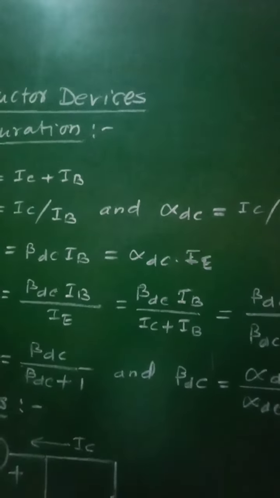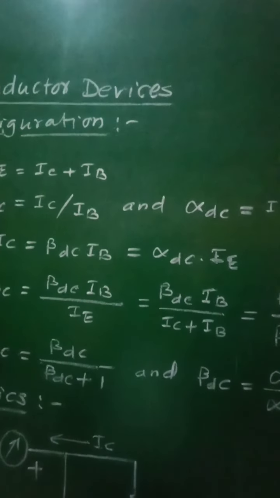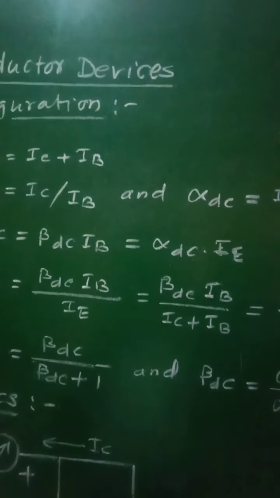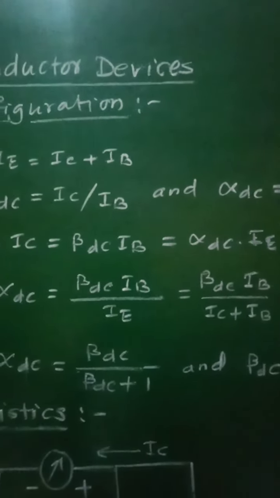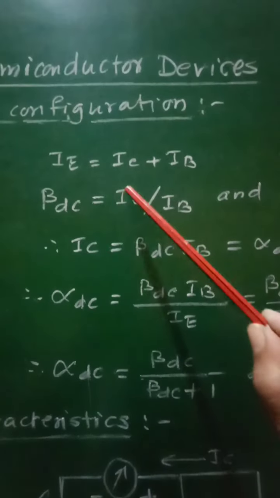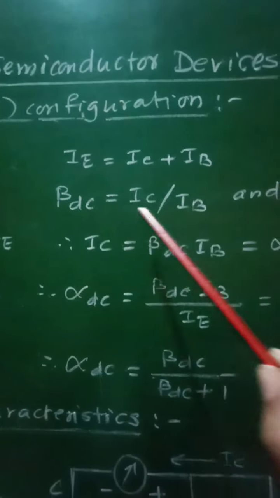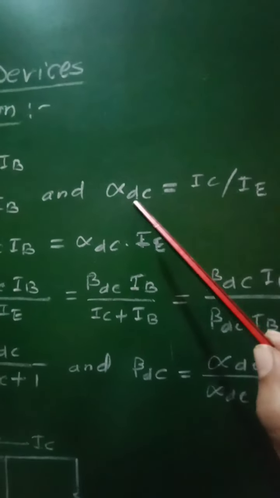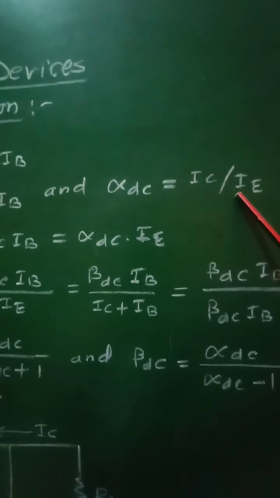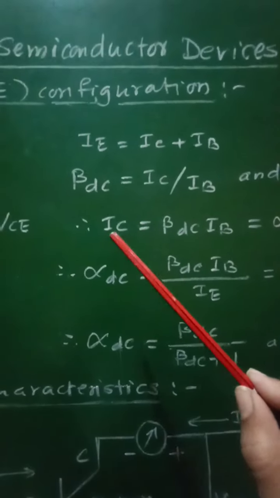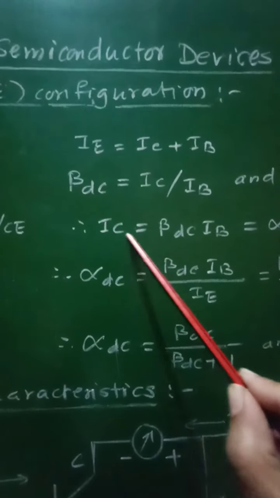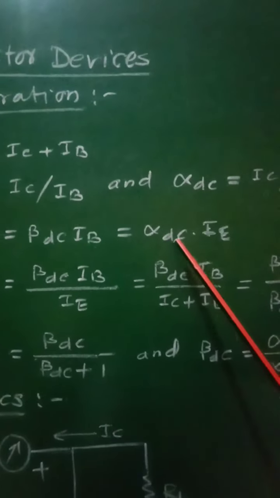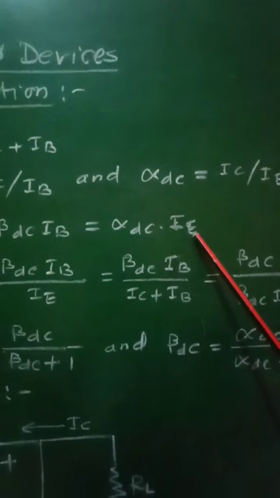Now the ratios alpha DC and beta DC are related with each other. From this relation we can write IC equal to beta DC into IB, as well as IC equal to alpha DC into IE, and therefore the collector current IC equal to beta DC into IB will be equal to alpha DC into IE.